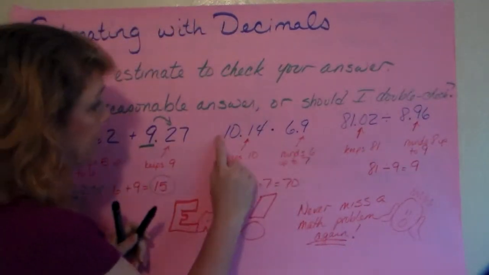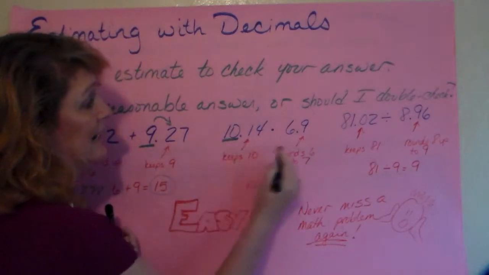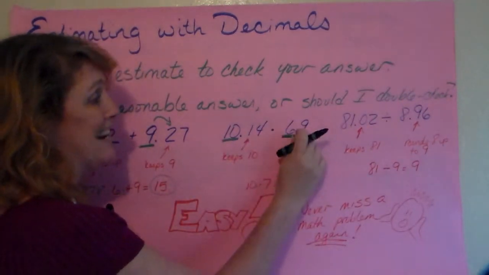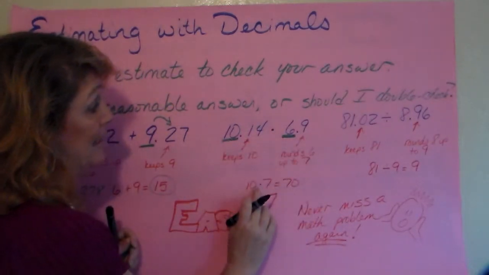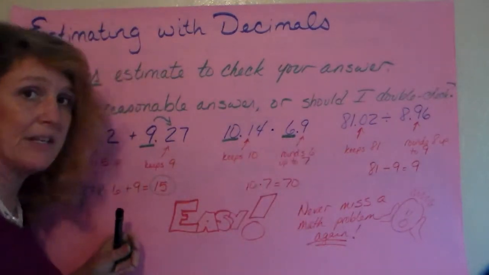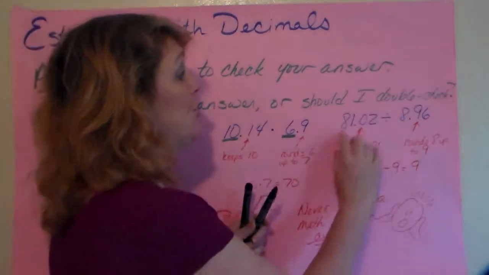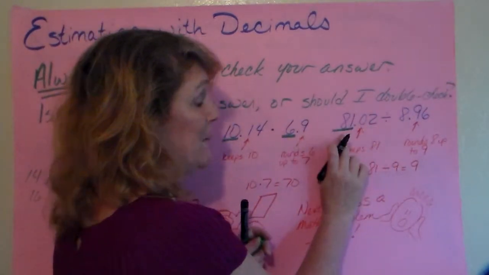Okay, let's do another one. 10, we're going to look next door. The 1 keeps that at 10. 6, we're going to look next door. The 9 rounds the 6 up to a 7. 10 plus, oh, that's a times. 10 times 7 is 70, so your answer should be about 70. Works with division too. 81, the 0 is going to keep this in 81.